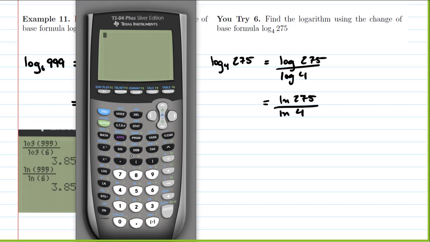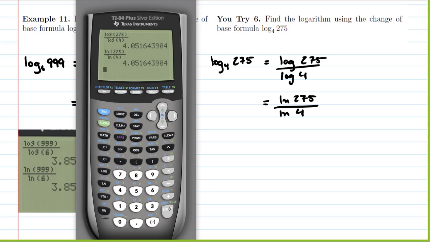So we have log 275 over log 4. And if we do the natural logarithm, we'll see that we get the same thing. So once again, we get 4.05 in either case.